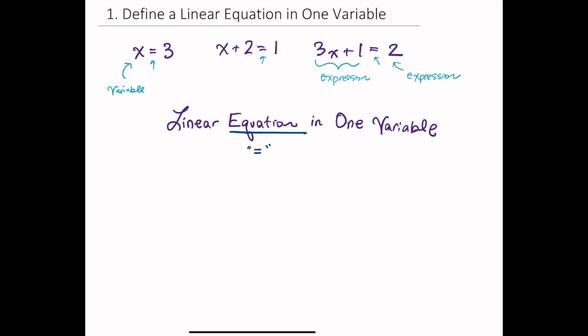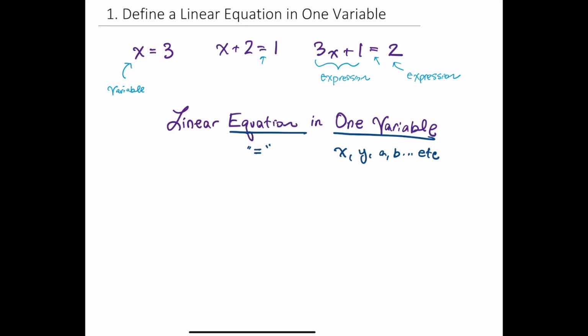In a linear equation, they tend to take on a single value. Like in this first statement, we say x is equal to 3. We can already see what it's equal to. So that would be the one variable part of this. We have something like x or y or a, b, etc.